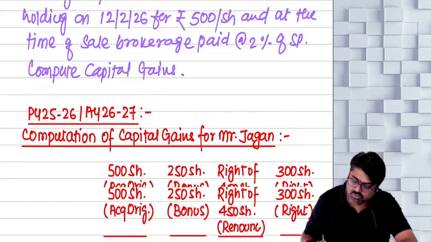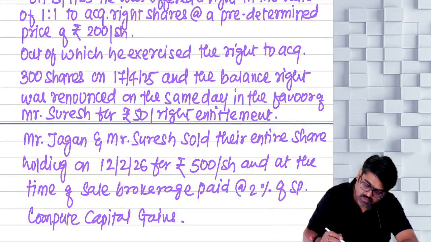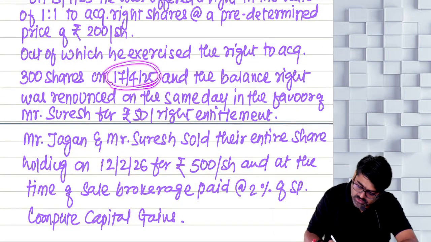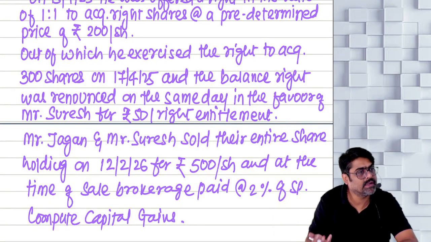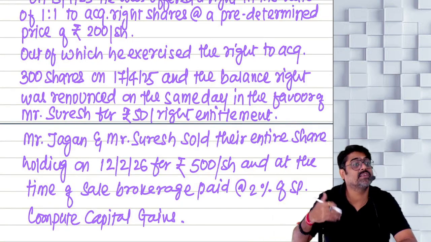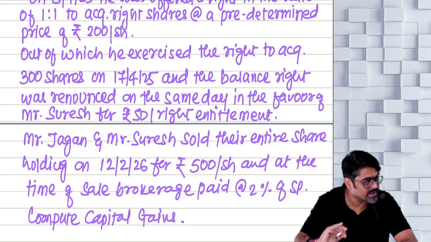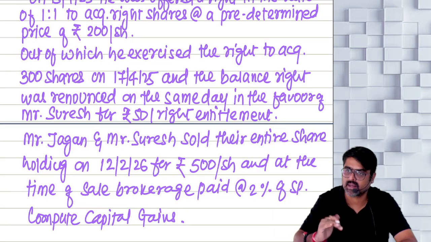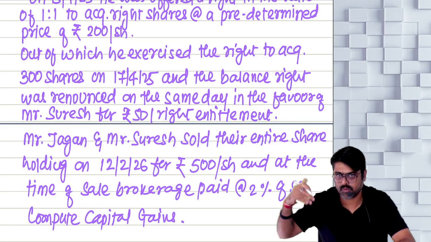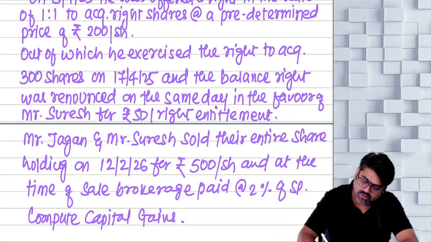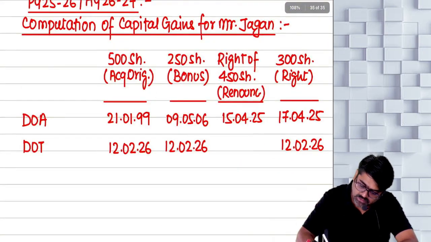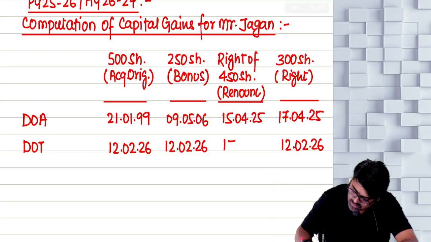But the right was renounced on what date? Right of 450 shares were renounced on 17th April only. The date on which he is exercising the right to acquire the right shares. On that same date, the right was renounced also for 450 shares. So right of renouncement. Renouncement is the date of transfer.